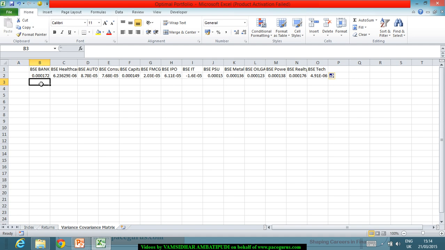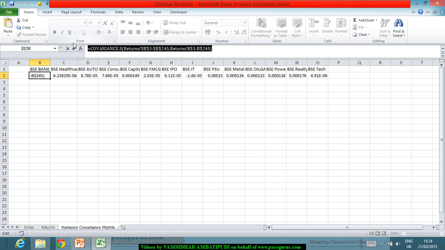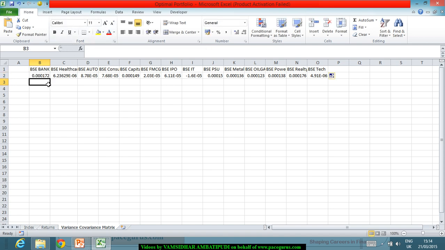But to simplify, the same formula I can very much copy. If I have to do it in a simpler manner, I can copy the same formula here. The only difference being, now I'll change the alphabets of the first.